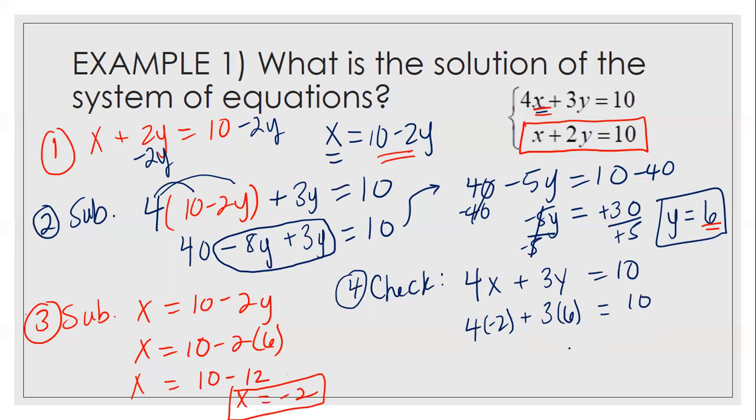And I want to know, is this a true statement? I have negative 8 plus 18. If you owe me $8 and you have 18, what are you left with? 10. So therefore my answer is negative 2, 6. That's my solution.